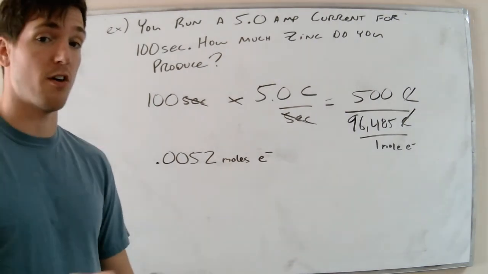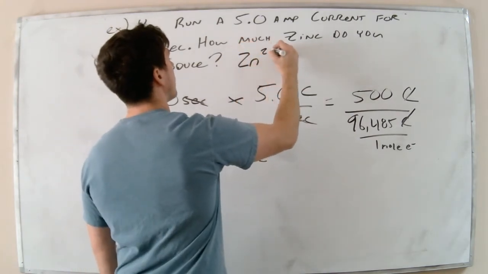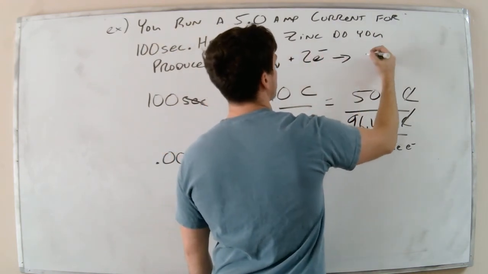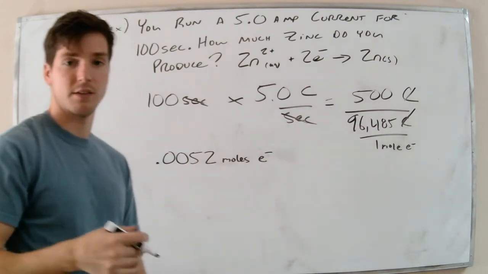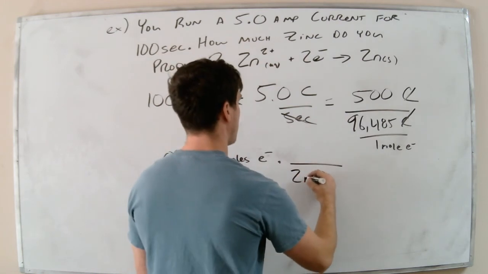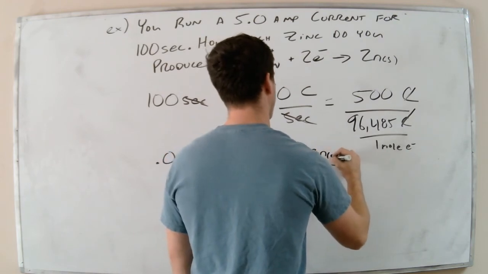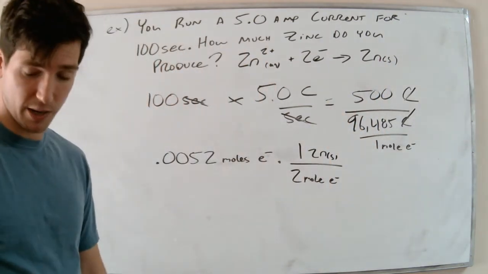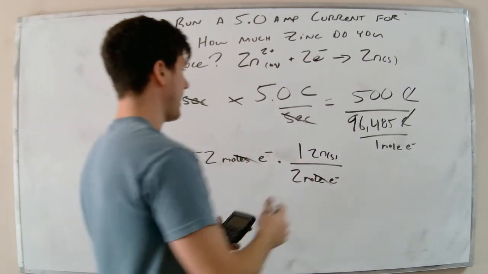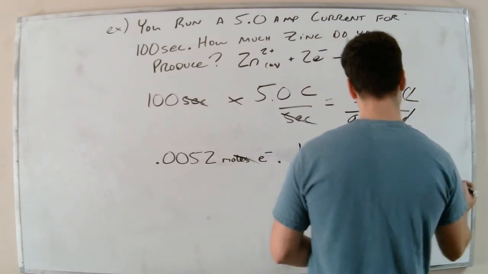Well, moles of electrons won't help me. I gotta get to moles of what substance I'm dealing with, which is zinc. And if I look back at zinc and look at its reduction potential, it takes 2 electrons to produce 1 zinc solid. So I gotta do a mole ratio here now, where for every 2 moles of electrons, I make 1 zinc solid. So I'm dividing by 2 here. 0.0052 divided by 2, and now I have 0.0026 moles of zinc.